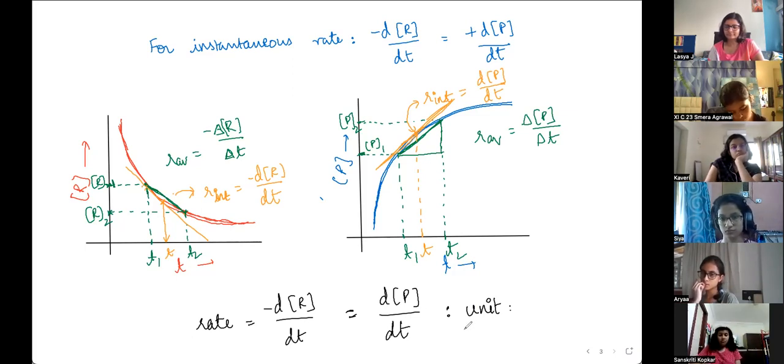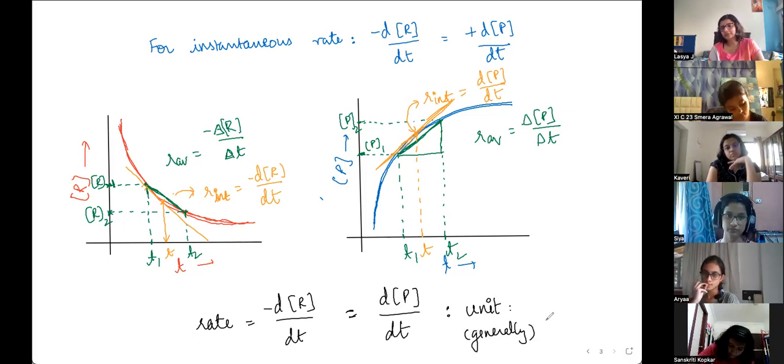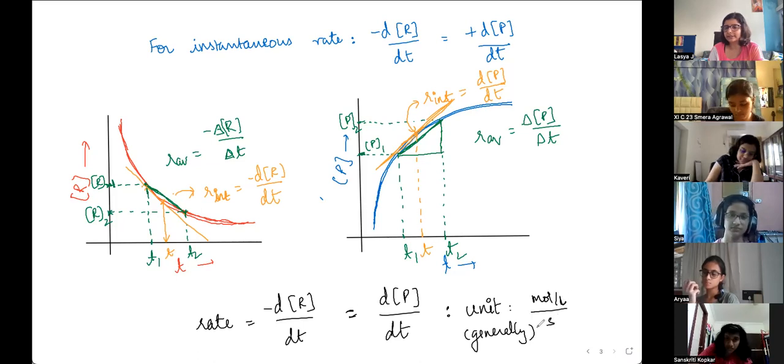So how do you measure? Concentration by time. Usually, yeah. So generally, it would be units of concentration. If you're doing it in solution, it is going to be mole per liter per second.